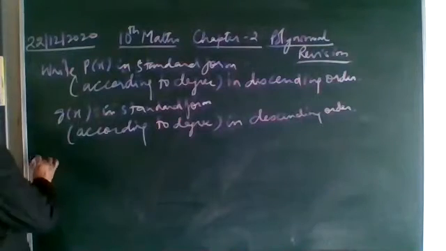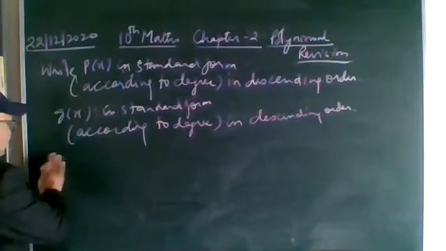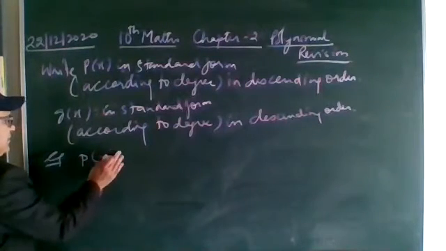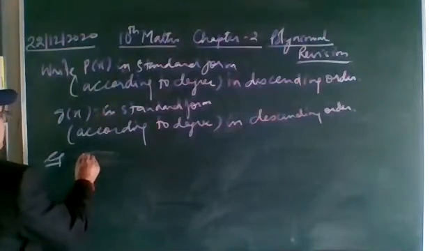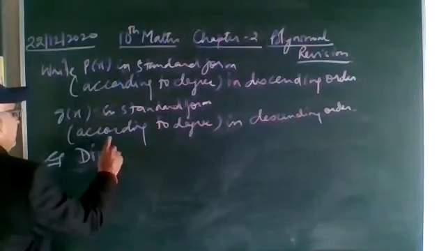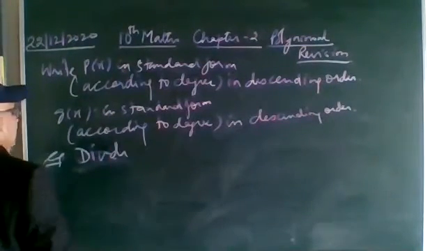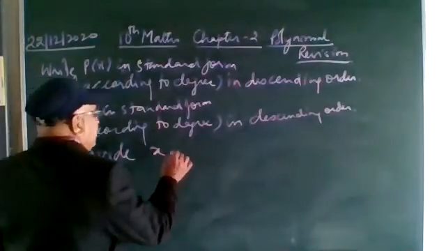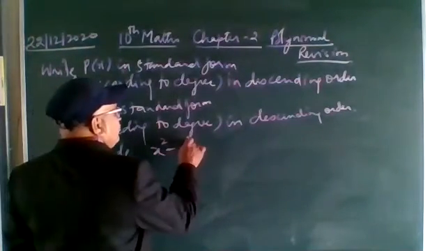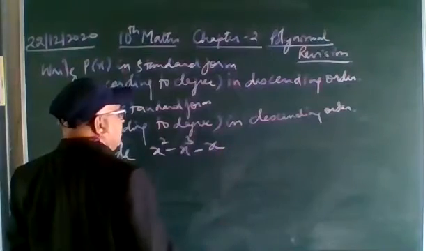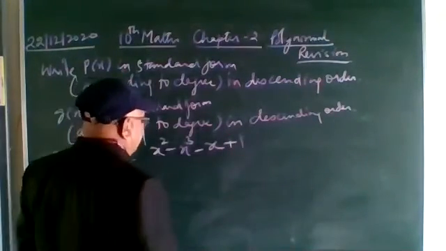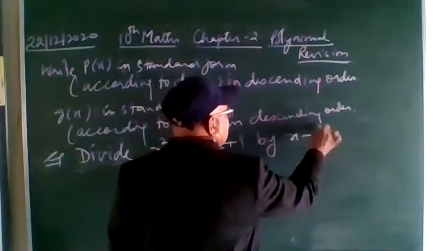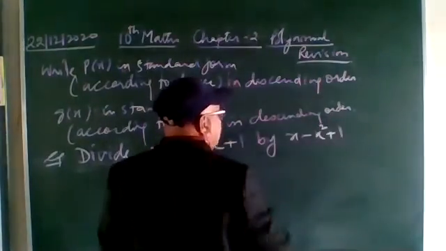Sometimes it is given like this, you can take an example: P(x) is x square minus x cube minus x plus 1, divided by x minus x square plus 1.